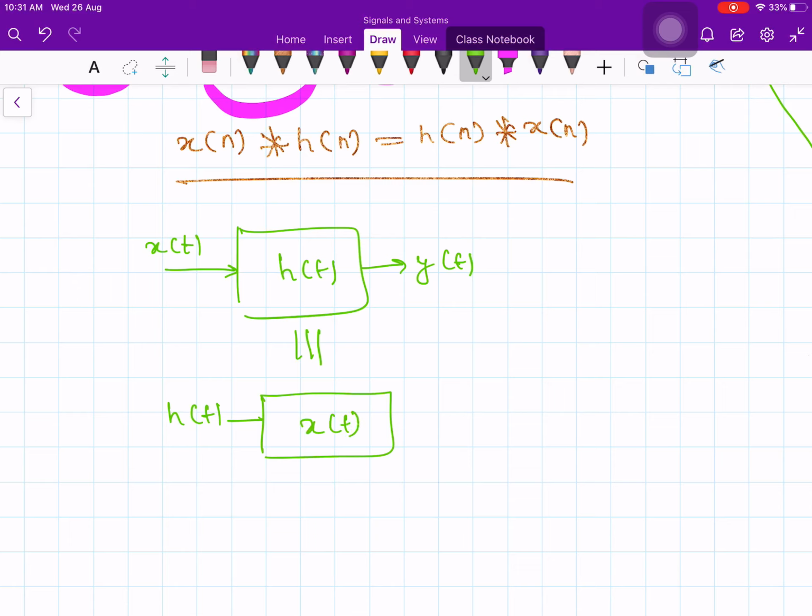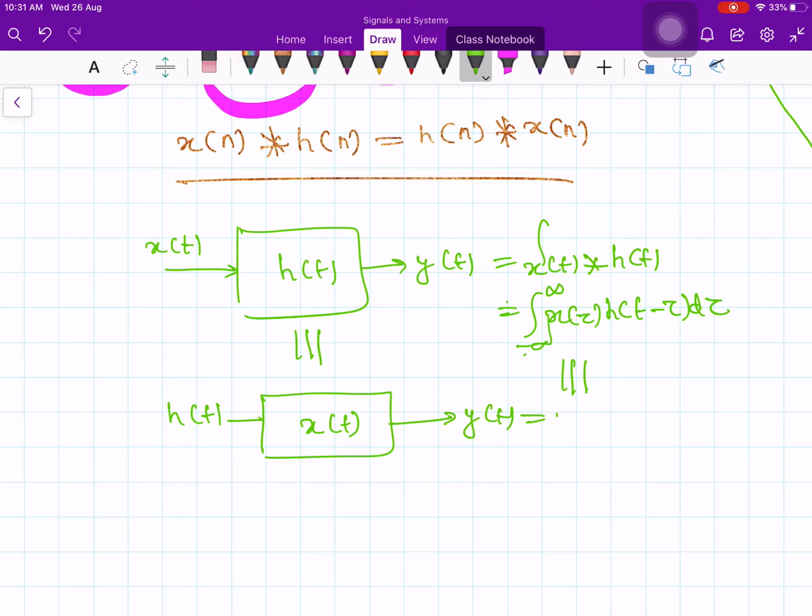Here x of t convolved with h of t, that is the integral of x of tau h of t minus tau d tau from minus infinity to plus infinity, will be identically equal to h of t convolved with x of t. So the integral of h of tau, but this time you reflect and shift the signal, x of t minus tau, d tau. So both are identically equal. That's what we mean by it.